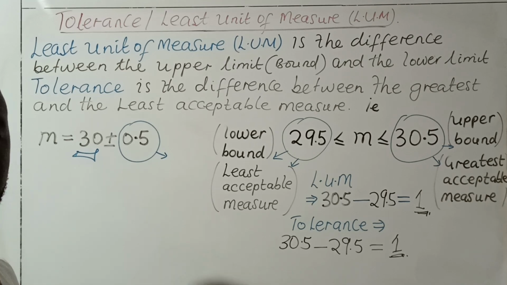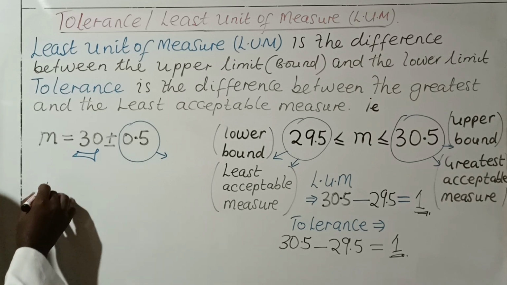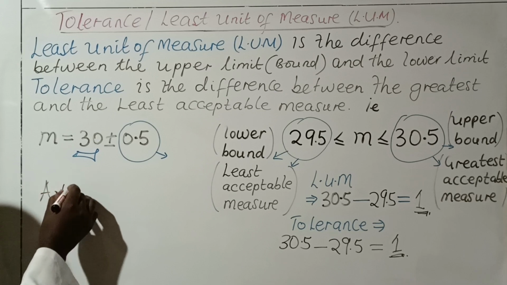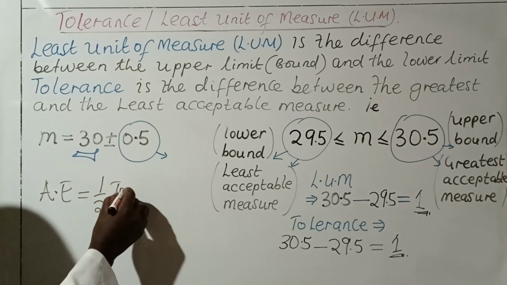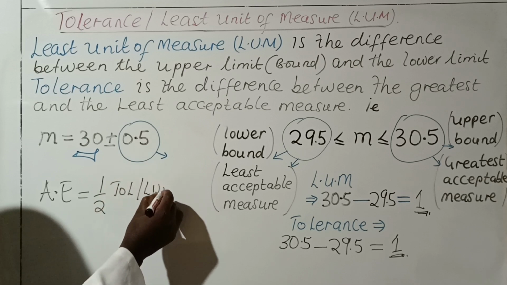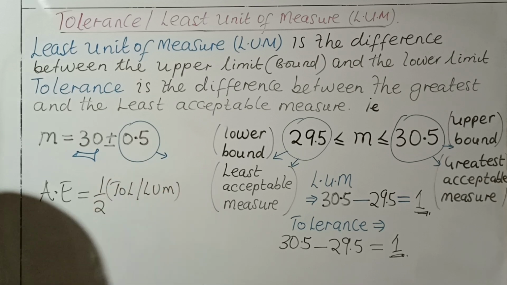We can use the least unit of measure or the tolerance to get the absolute error. We know that the absolute error is half of the tolerance or the least unit of measure.